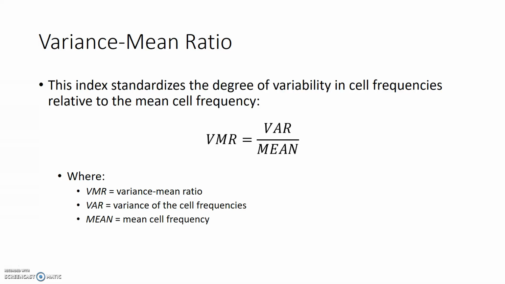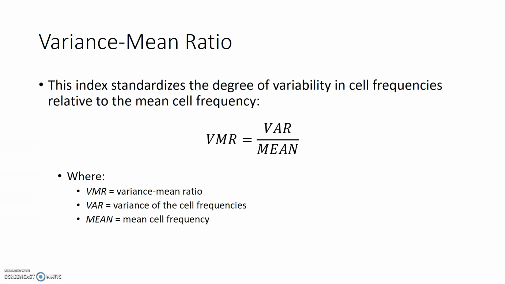The variance of our cell frequencies and the mean cell frequency are exactly what you would think them to be. To get the mean cell frequency, you take the frequency, meaning how many points are in each cell. If you have 16 cells, you have 16 different values, each value representing the number of points in a cell.